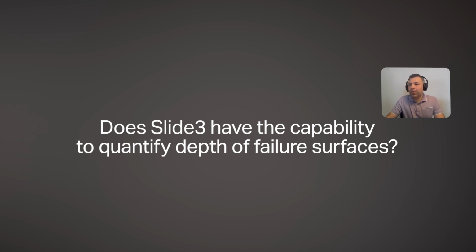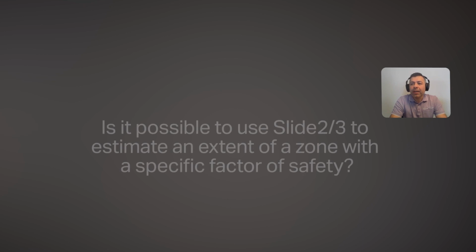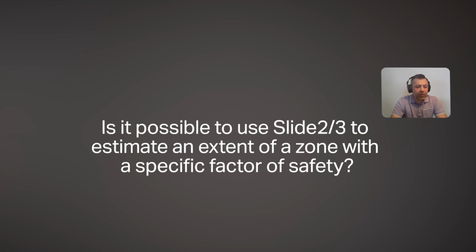The other question is, is it possible to use Slide2 and Slide3 to estimate the extent of a zone with a specific factor of safety? That's a very good question. There are different ways. In Slide2, you can use the filter option to look at the range of the factor of safety that you're interested in.